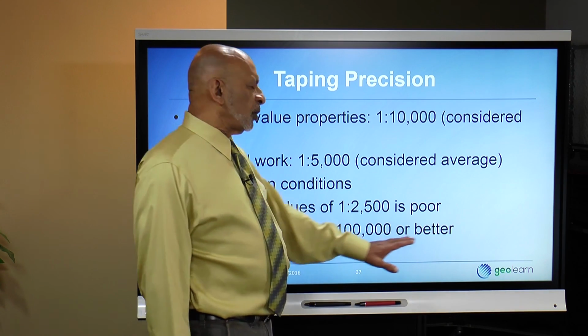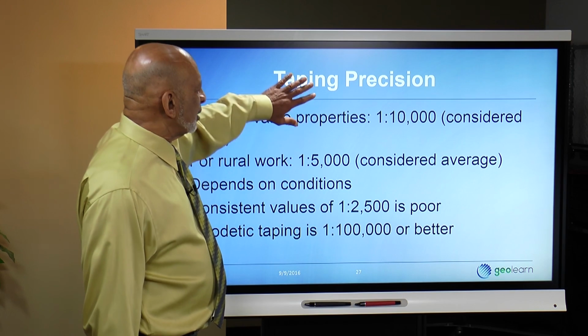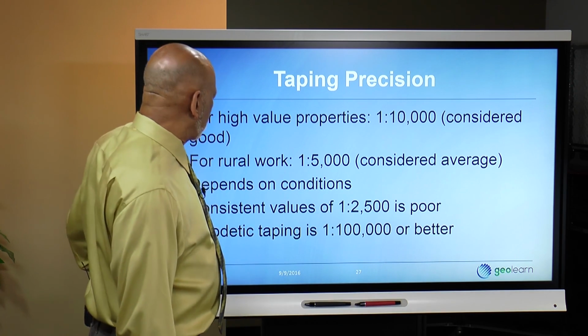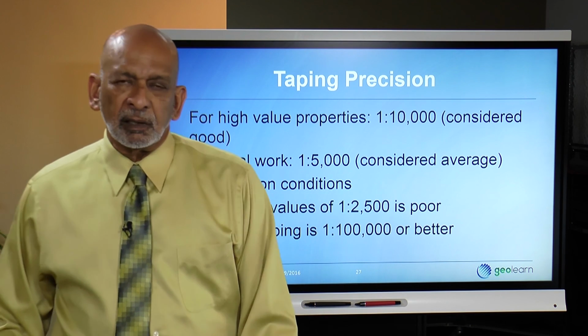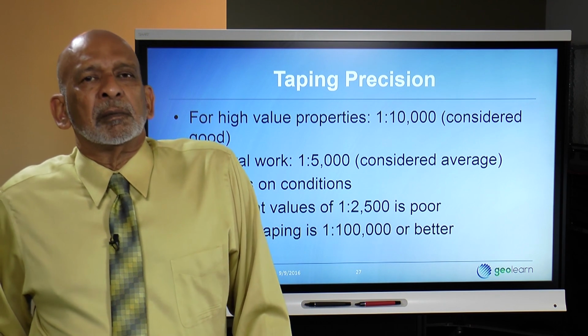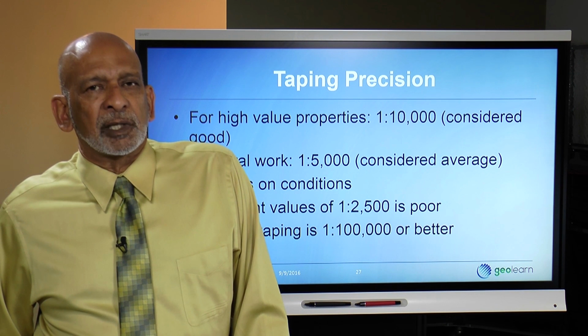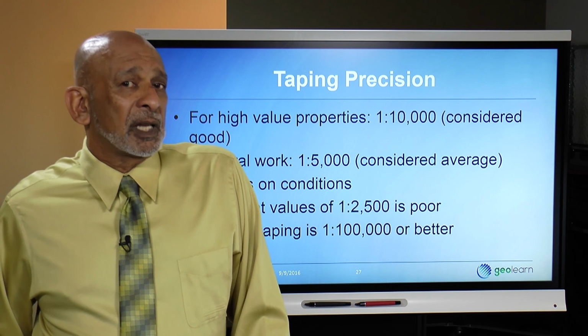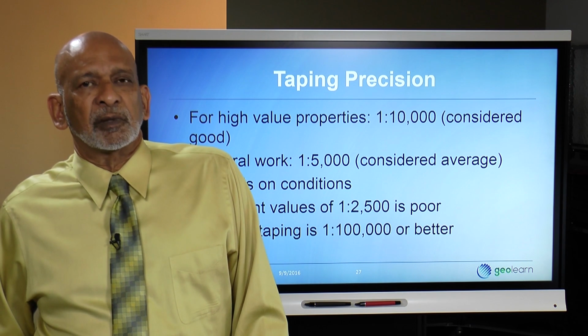Finally, I just wanted to point out that while these are considered the ranges of taping precision, the geodesists, people who measure the shape of the earth, need precision much higher than that. And 1 in 100,000 is not uncommon. This was done even long before the days when steel tapes were available.